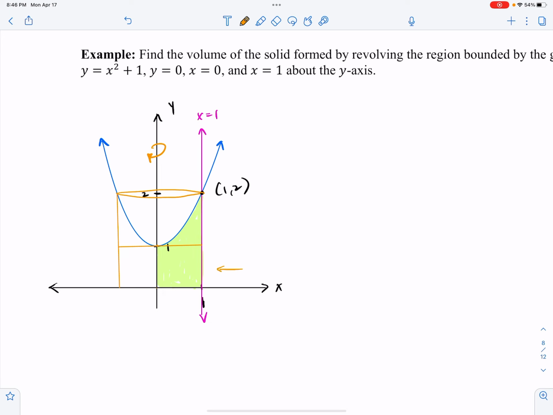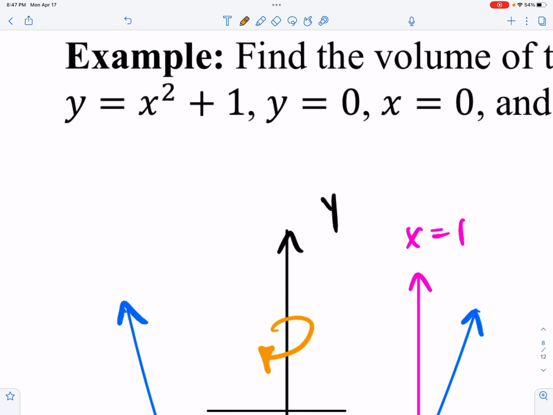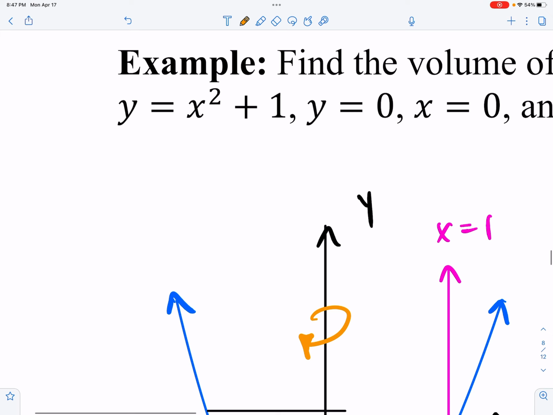So let's separate this into two volumes. Let's do volume 1, which we will use disc method, and then volume 2, we will have to use washer method. Both are horizontal slices, so we're going to be integrating with respect to y. So we need x equals in terms of y.